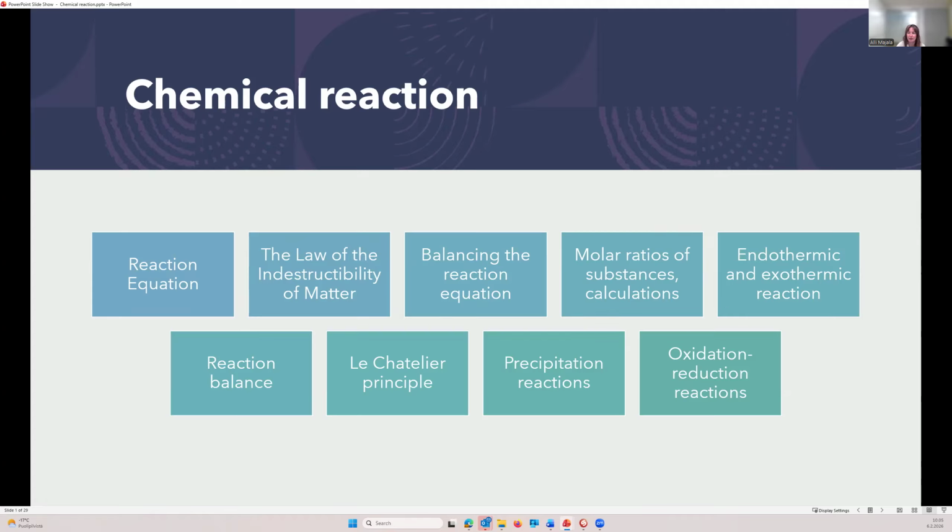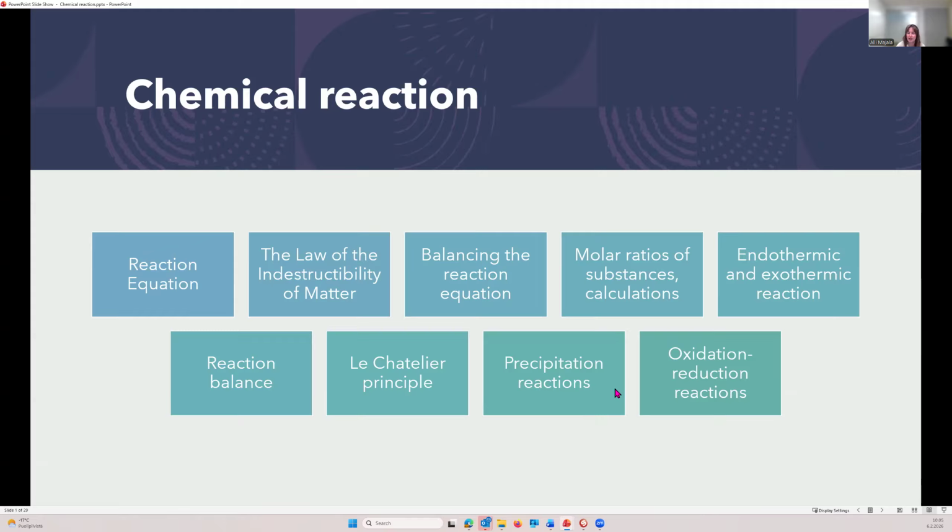Endothermic and exothermic reactions, for sure, maybe these words are already familiar to you. Reaction balance, Le Chatelier's principle, well, we quickly cover this as well.